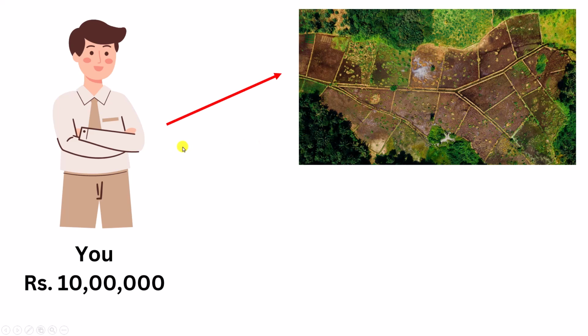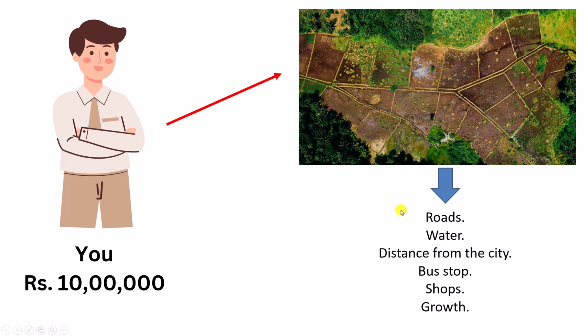Now, do you just randomly go and buy any piece of land that is available? No, correct? You will have to ask few questions before you buy a piece of land, right? Now let us say that there is a piece of land for sale. Now what are the questions that you ask? The questions may be something like this.